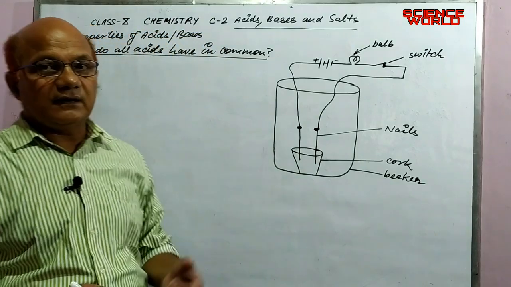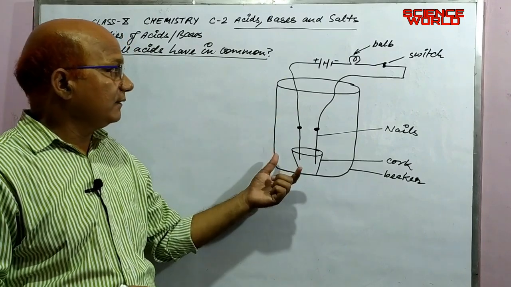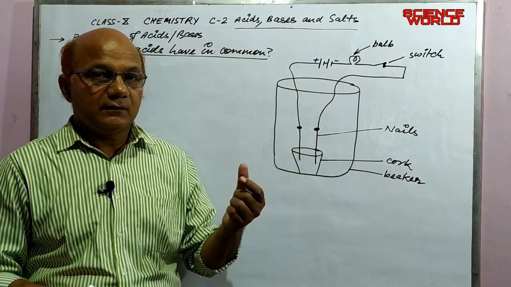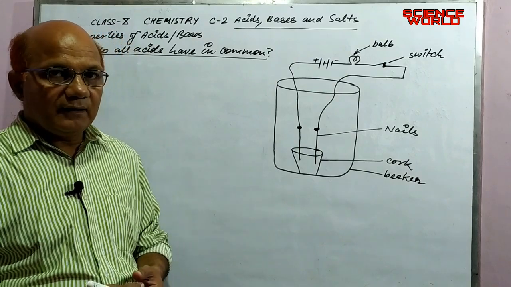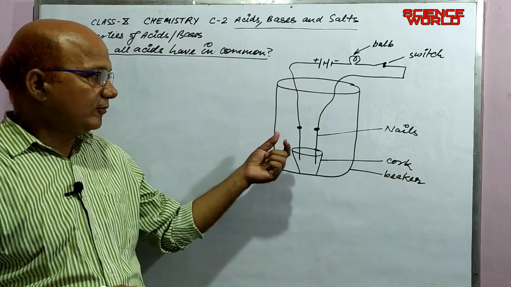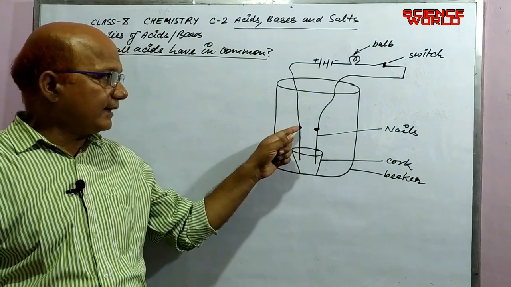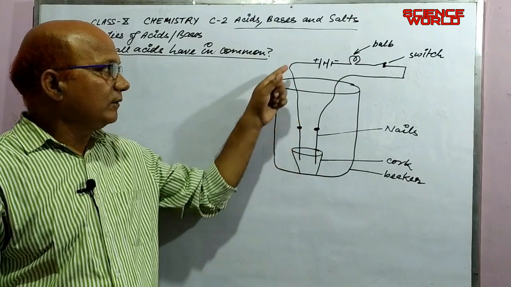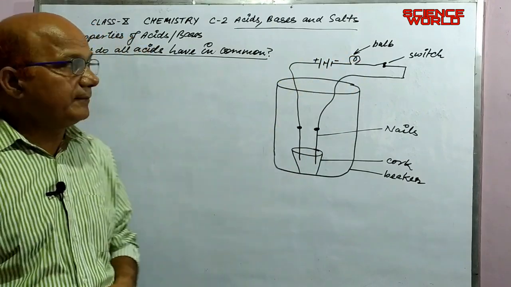So, how do we start this activity? Take a beaker and in a rubber cork press 2 iron nails and then place it in the beaker and then connect the 2 nails with the battery, bulb and switch. Okay.